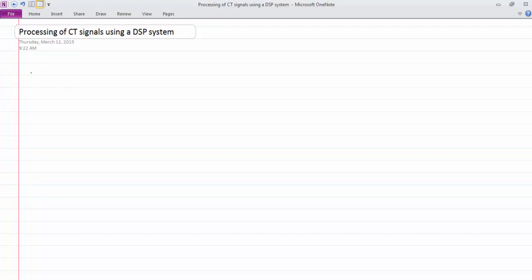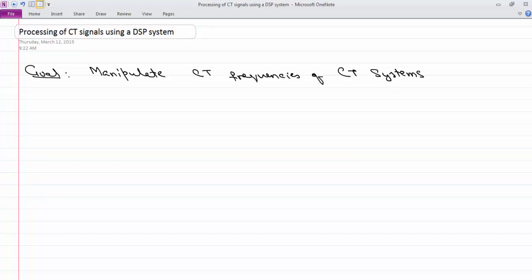Now, in the real world, we also often want to manipulate continuous time frequencies of continuous time systems. So you record a signal.